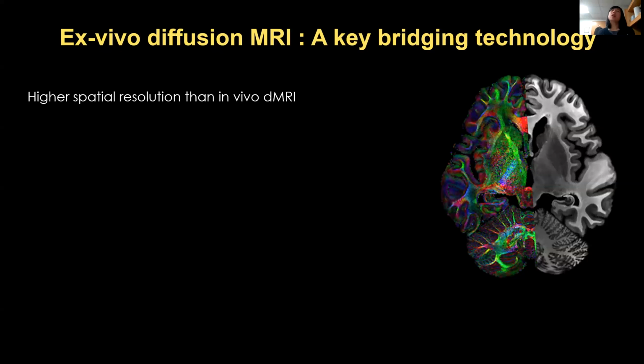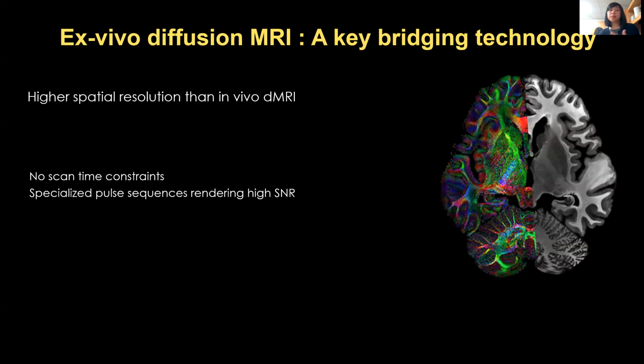So finally, to talk a bit about the ex vivo diffusion MRI, the reason that we've built this in as an integral part of the project is that we see it as a key bridging technology for validation. So it has the obvious benefit that you can get higher spatial resolution than in vivo diffusion MRI, simply because of time. There's no time constraints. We can use specialized pulse sequences, including 3D volumetric encoding, to get very high spatial resolution.